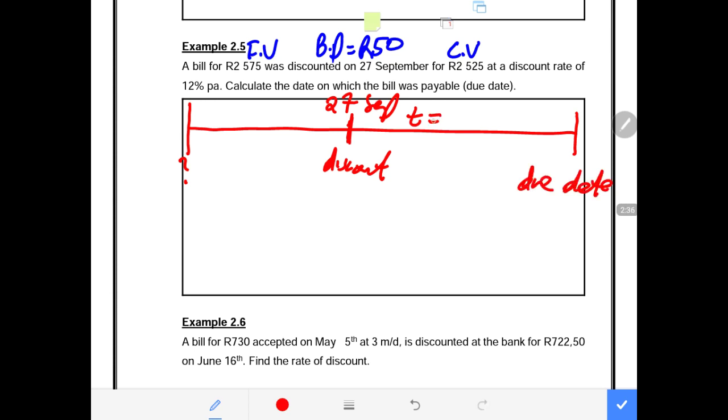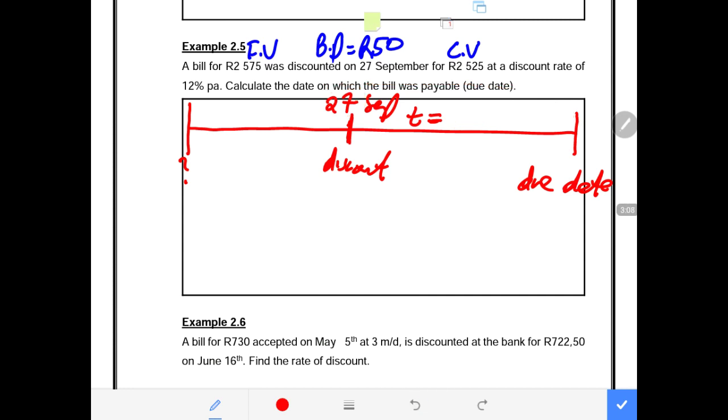But if we get our T, which is our unexpired period, if our T is 30, then that means from the 27th of September, this bill was due within 30 days. If we, let us say, get our T to be 70, then we need to calculate 70 days from the 27th of September, and the 70th day will be the due date.